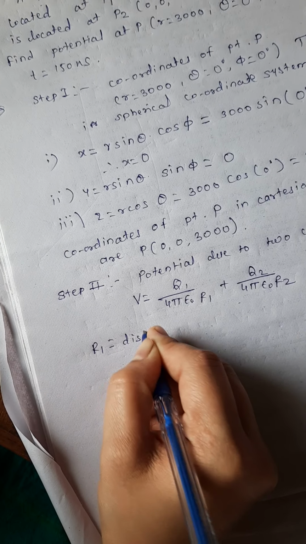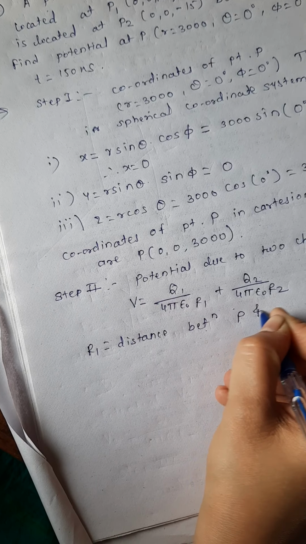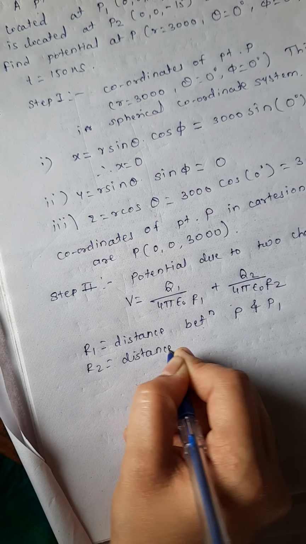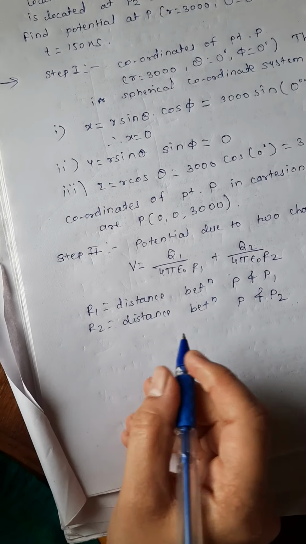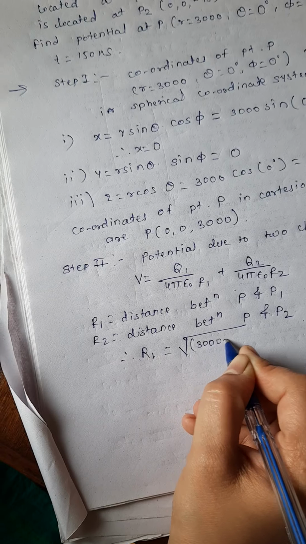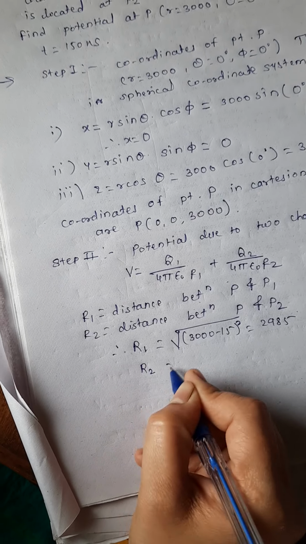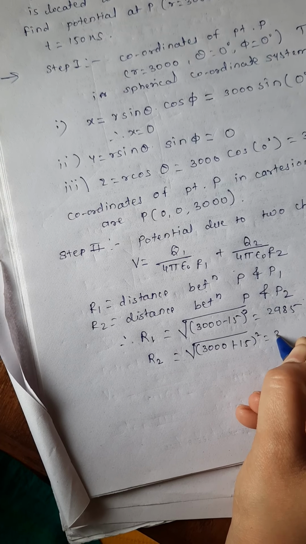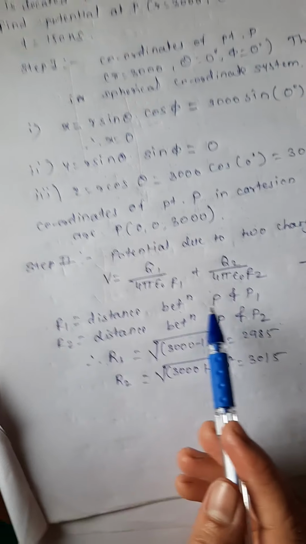R1 is distance between P and P1, and R2 is distance between P and P2. Therefore R1 is equal to 3000 minus 15, so it is 2985, and R2 is 3000 plus 15, it is 3015. So we substitute these R1 R2 values in equation number 1.